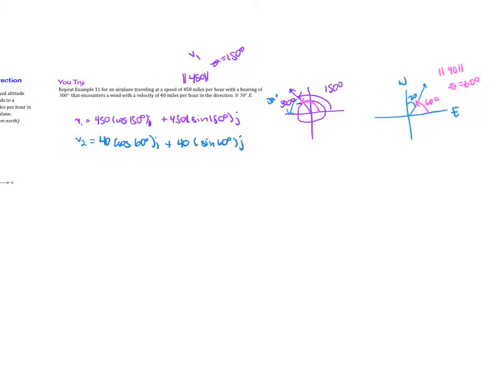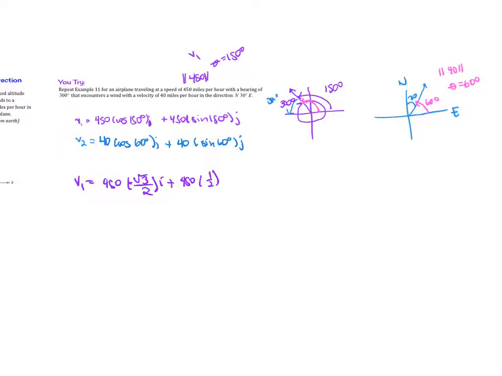So let's simplify this. So let's work with V1. So cosine of 150 degrees, we know that is 30 degrees. So this is going to be 450 times root 3 over 2 I plus 450 times sine of 150, that is a half.